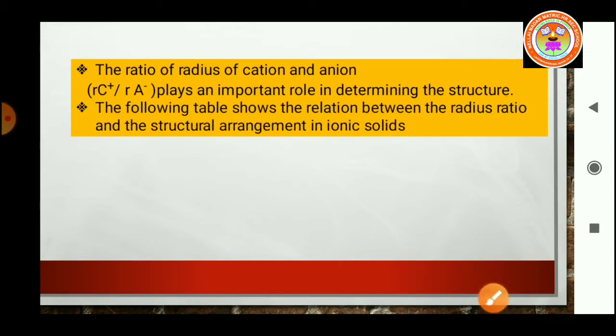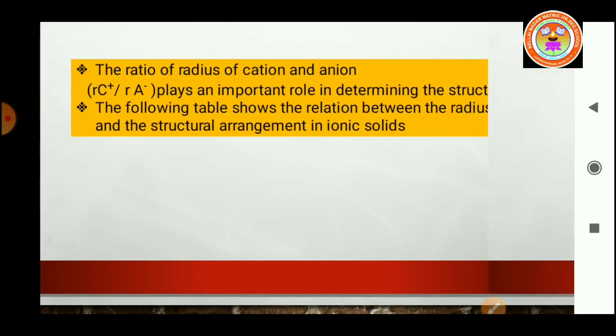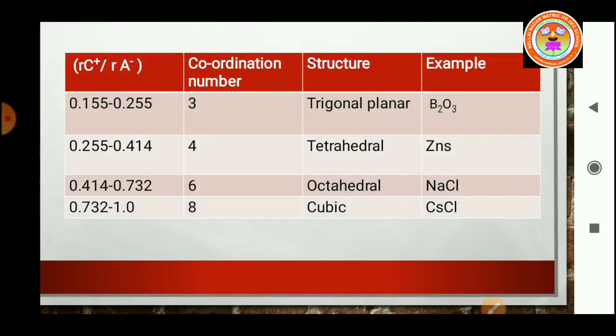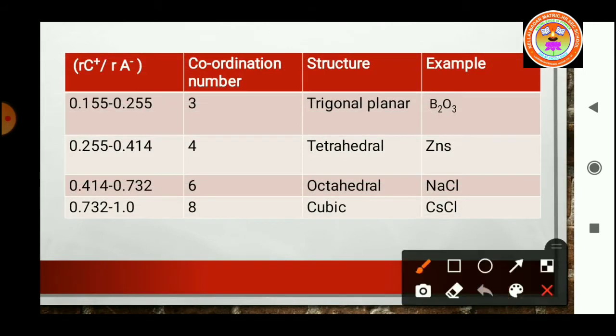The following table shows the relation between the radius ratio and the structural arrangement in ionic solids. See here, the radius of cation divided by the radius of anion is called the radius ratio. The values are given, along with the coordination number, structure and example.